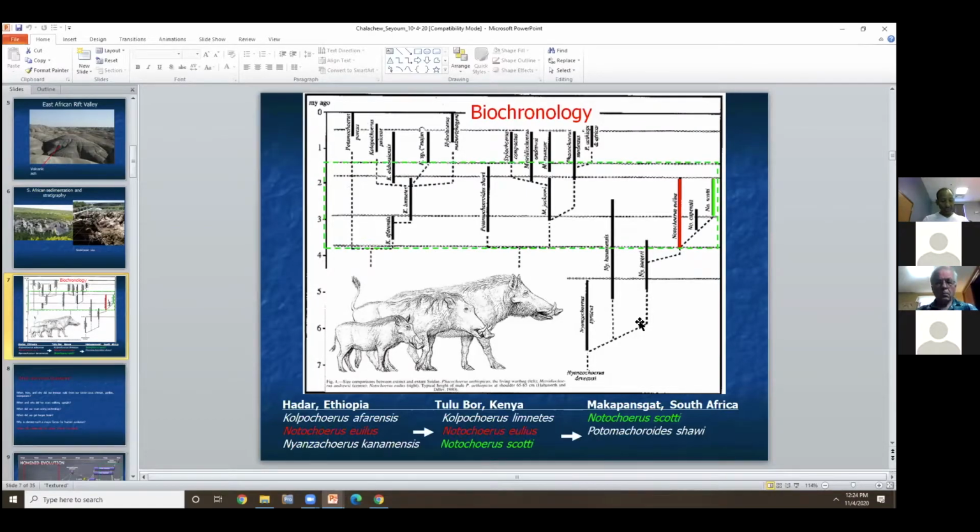The reason we use pigs here, as you can see, very commonly for biostratigraphic dating, is that during the Pliocene these taxa were highly diversified across Africa, as you can see here on the tree.